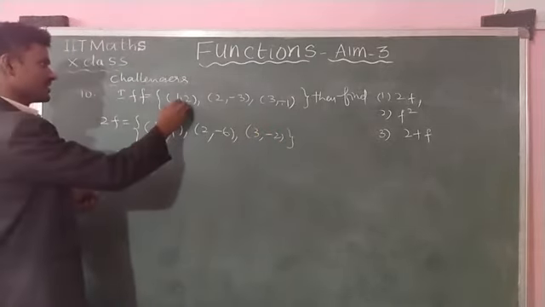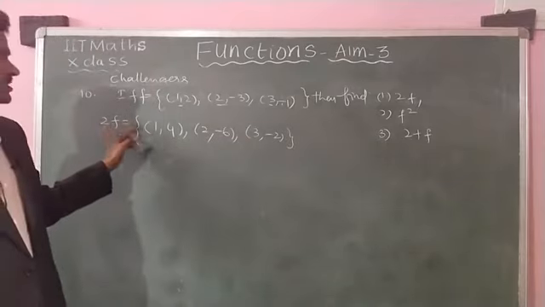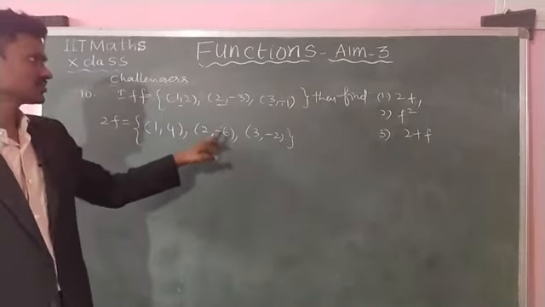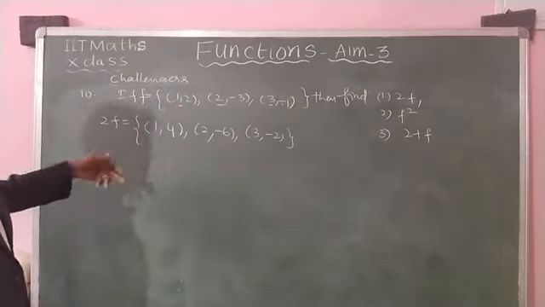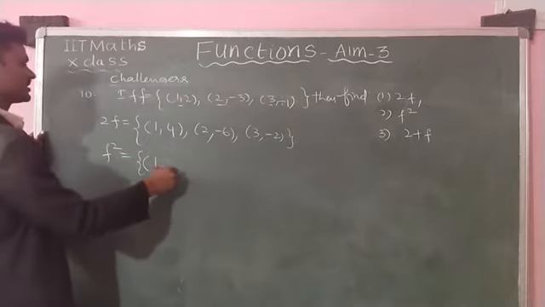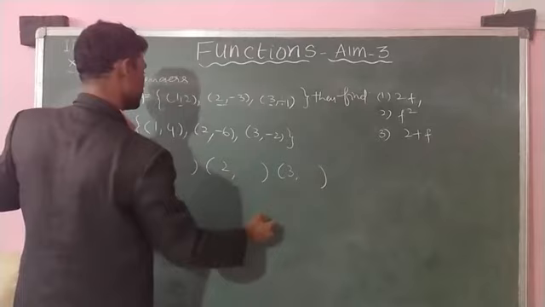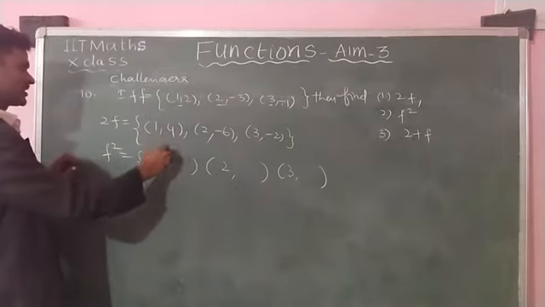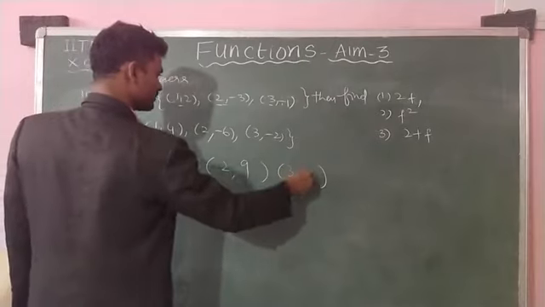See here, the domain is the same, as you can write here. Here you have to change the range elements. Range elements: 2 times means 2 times, square means square, or you can add some number also. The second one is f square. For f square, you write the domain as is, and you have to change the range element. Here 2 square is equal to 4, and -3 square is 9, and -1 square is 1.